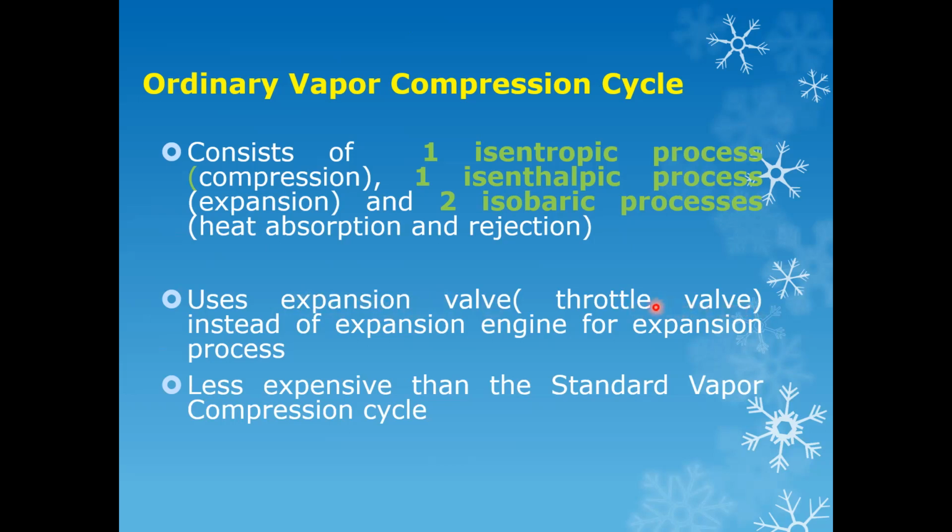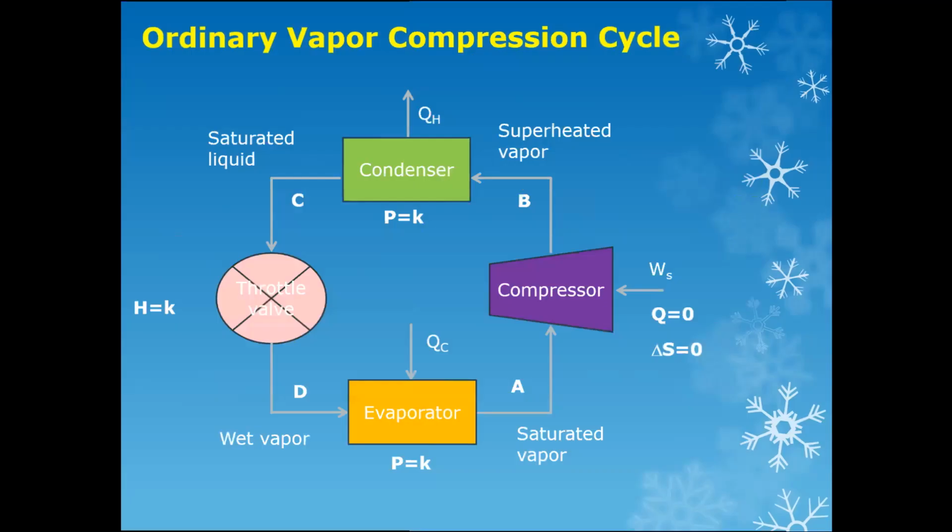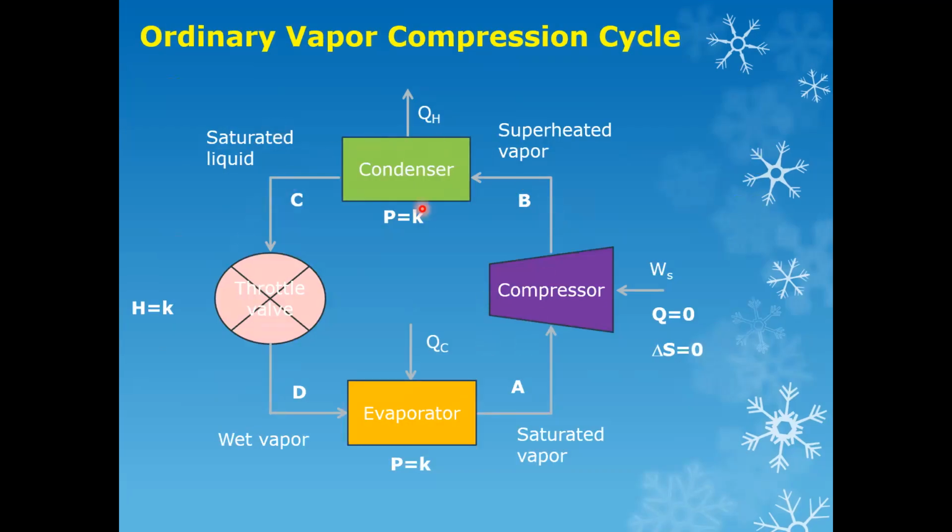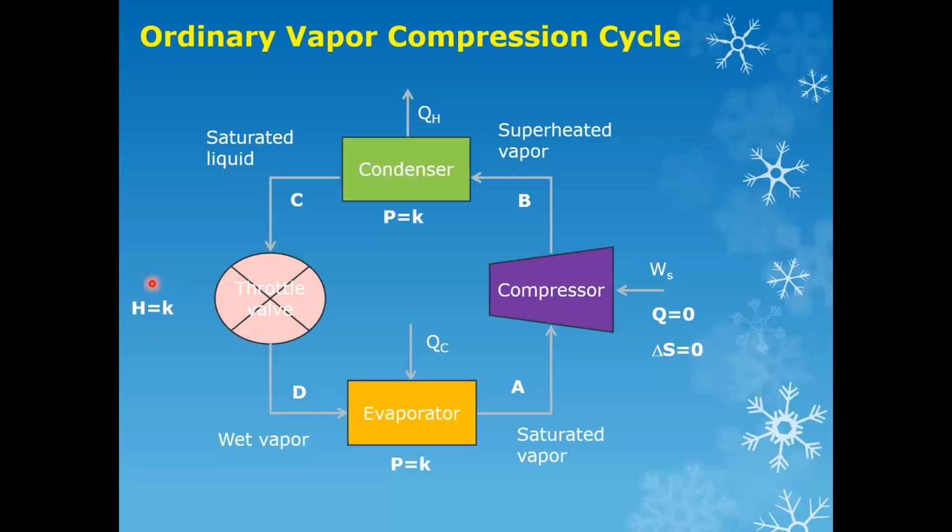So remember, in the throttle valve, enthalpy is constant. Compared to the previous standard vapor compression cycle, this is less expensive.